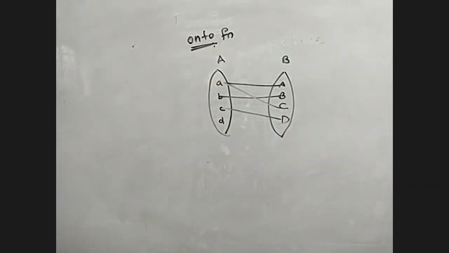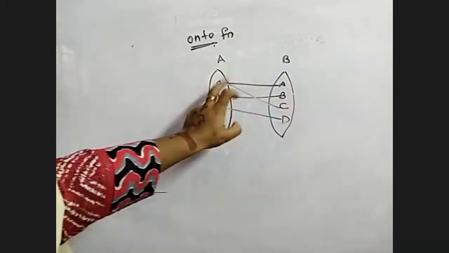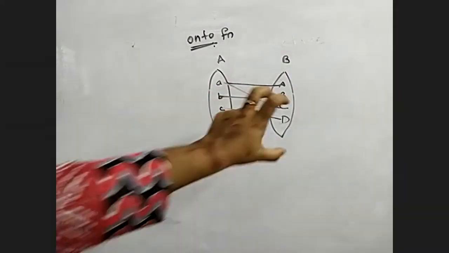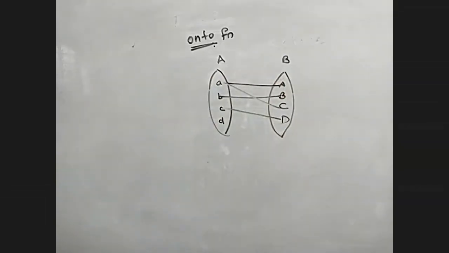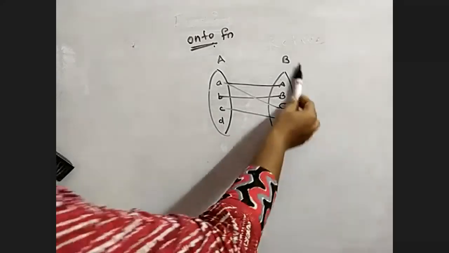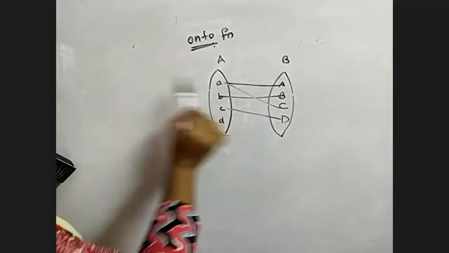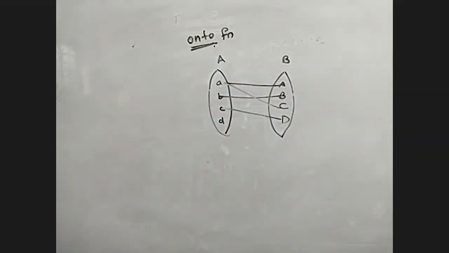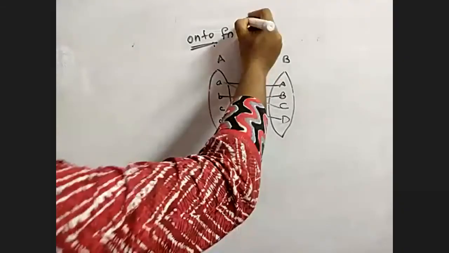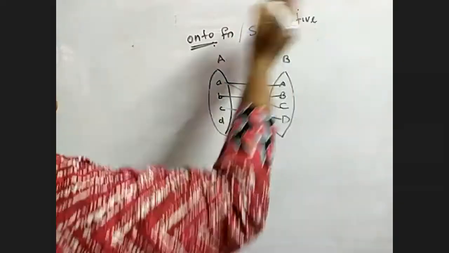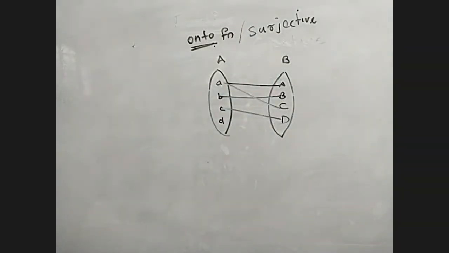See here, every element from B is having a pre-image now. Nothing is missed here. Everything is having a pre-image here. That means it is onto function. Understood what is onto function? That means for every element here we have a pre-image here. That is onto function, or another name is surjective. Onto function or surjective.